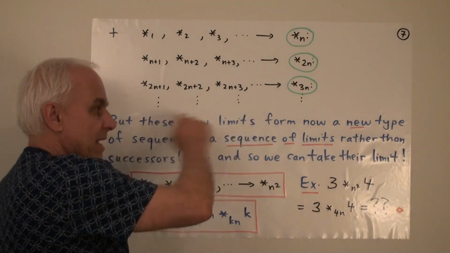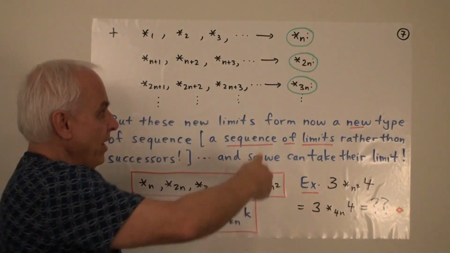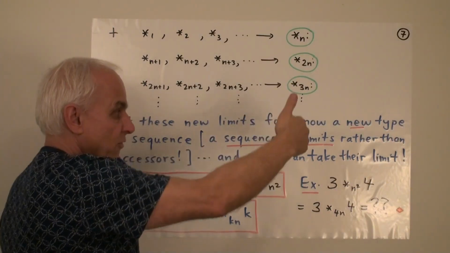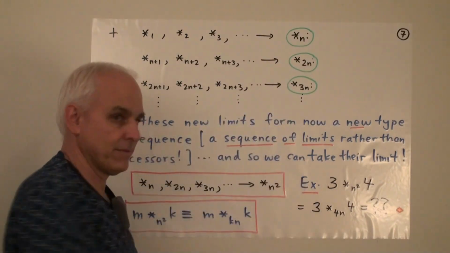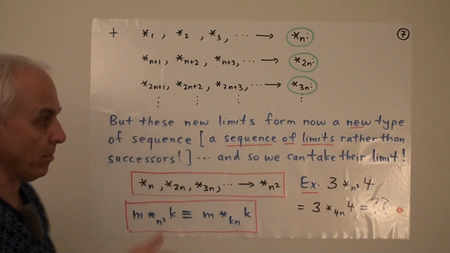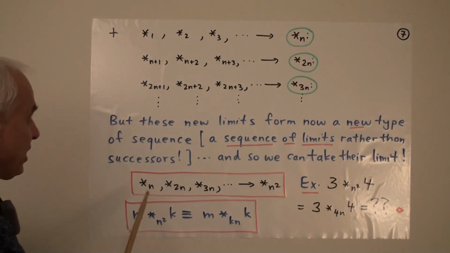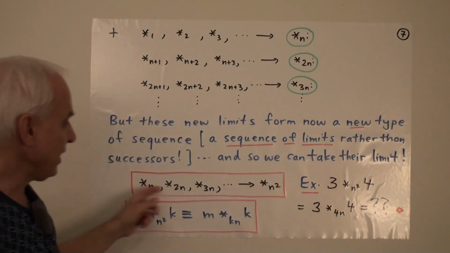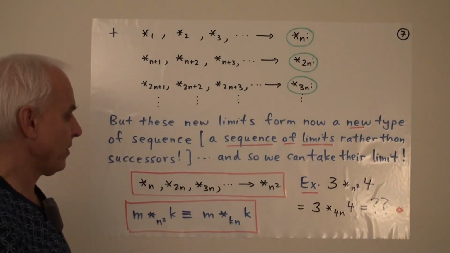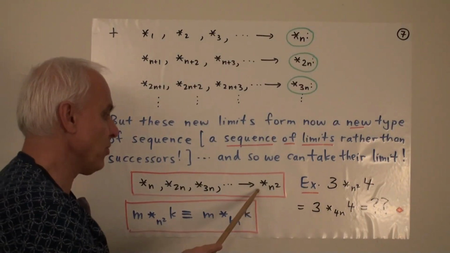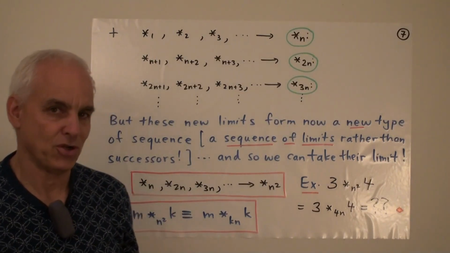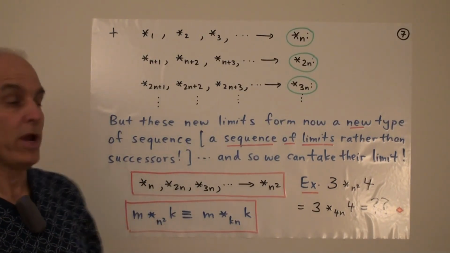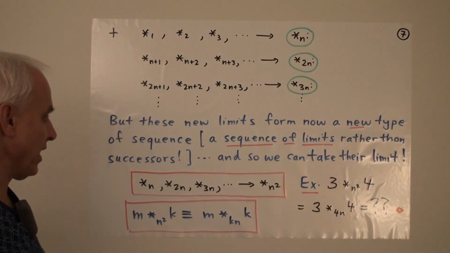Previously, we've just been taking limits of things along rows. And now we're taking the limits of those rows and regarding them as a column, and we're going to take the limit of that. So here's star n, star 2n, star 3n. These can be used to generate a new operation called star n squared.